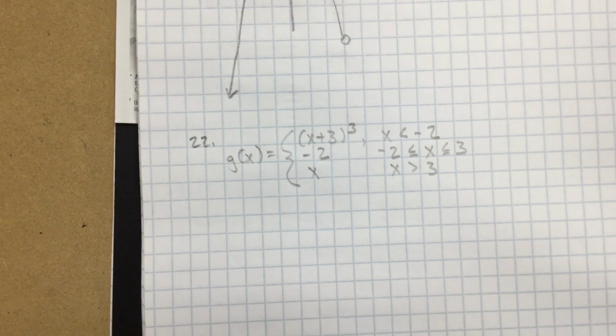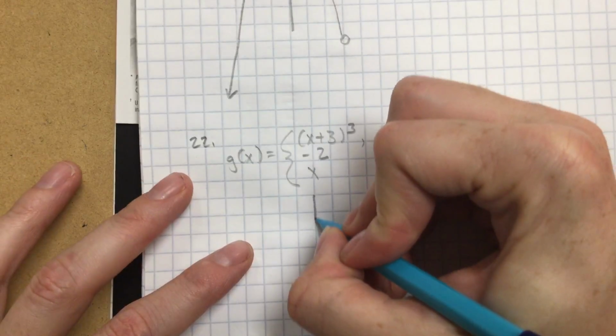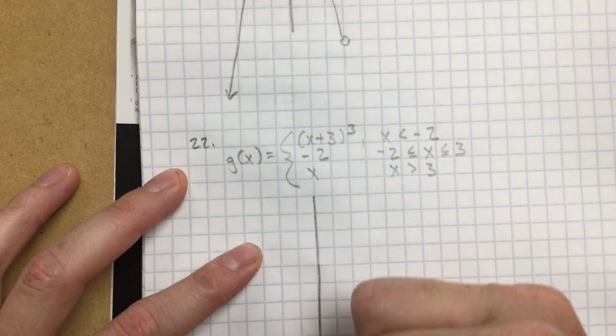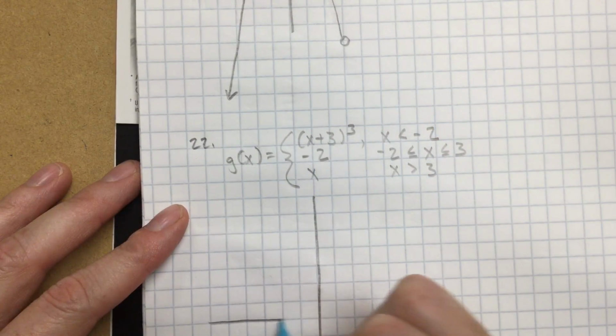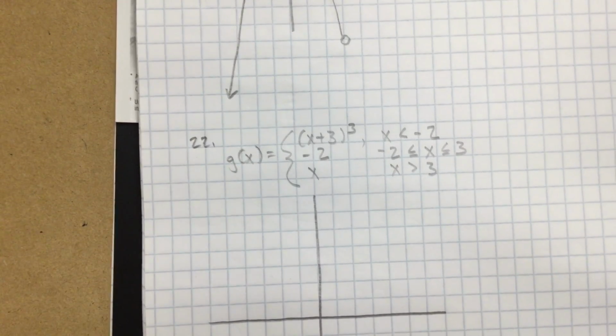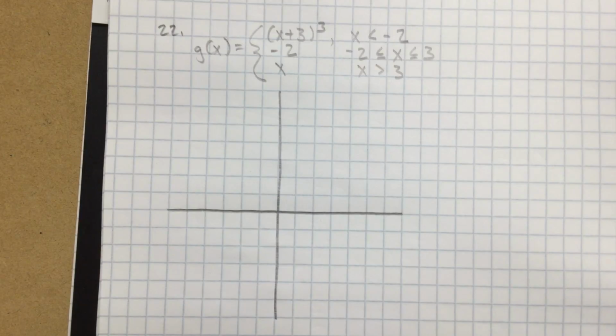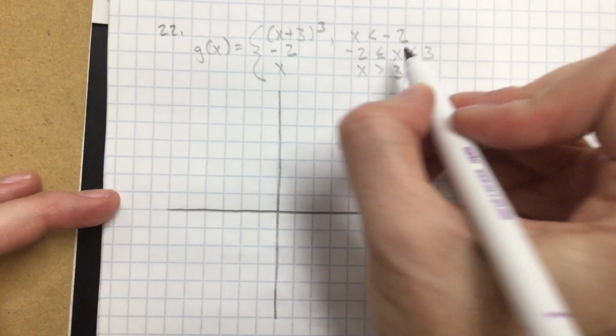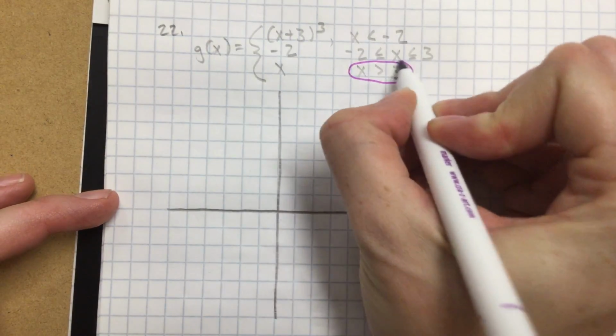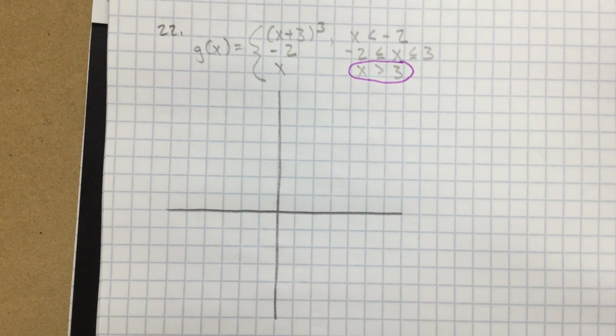All right. Draw a big graph here. I don't know how much room I'm going to need. I'm going to start with x down at the bottom. So, starting with x, you would graph the line y equals x, and we want the part that's greater than 3.